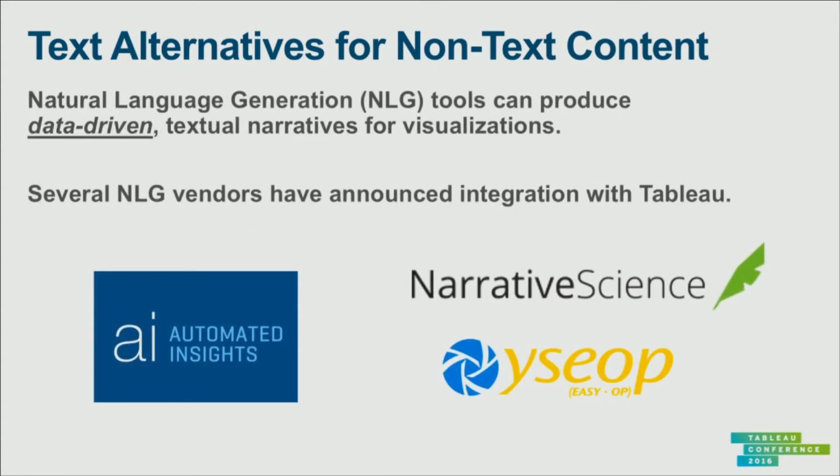Something newer that's really interesting for this are tools called natural language generation software. These tools allow you to set up a textual narrative in a branching structure, and then they will generate a text narrative based on data that you send to them.